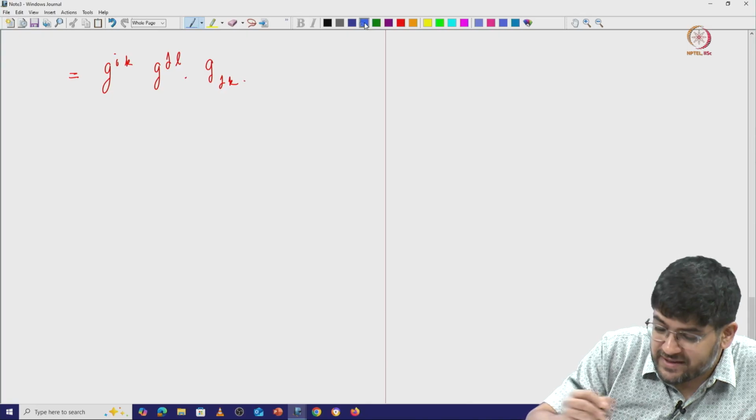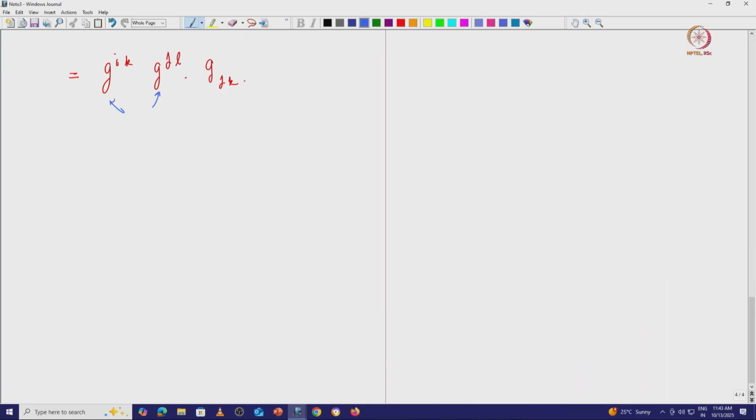But now this represents the components of the matrix inverse, right? So here when you are summing over j, that's just going to give you a Kronecker delta. Sorry, I copied it wrong.